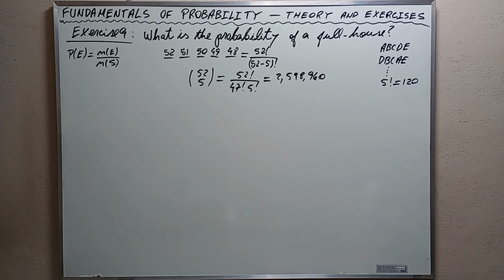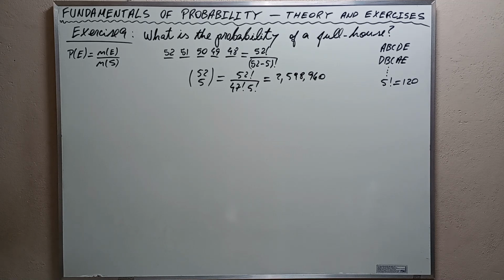Thus, the actual sample space is the combination of 52 cards taken 5 at a time, which is this very big number there, 2,598,960 possible hands of 5 cards from a deck of 52 cards. This is the sample space.